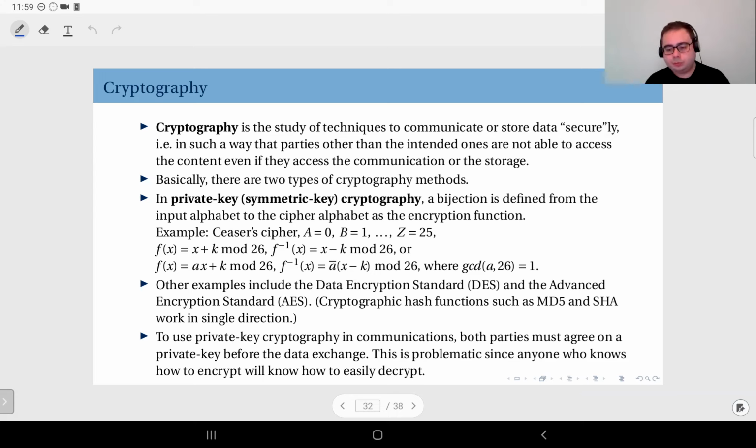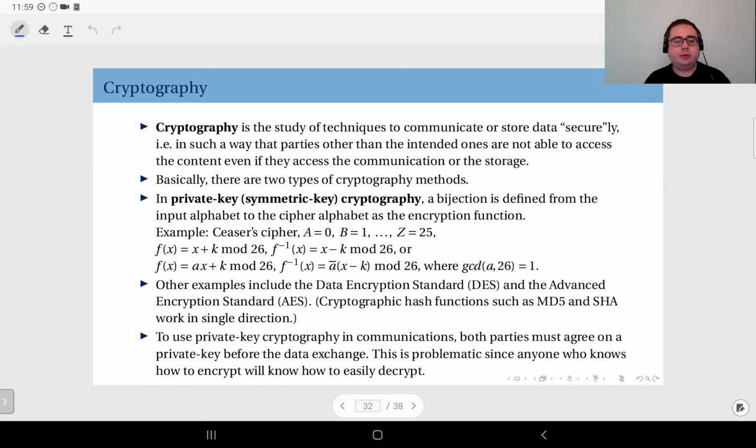So you communicate or transmit or store your data in such a way that even if somebody sees the stored value or the transmitted value, they will not be able to understand the original data that you intend to send or store. So you encrypt at the originating point and you decrypt at the destination.